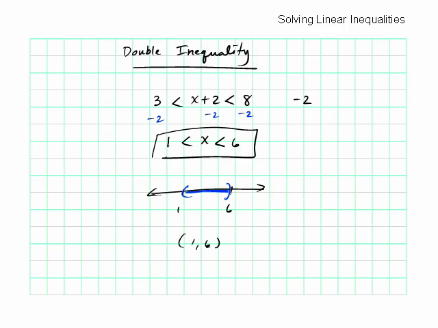Negative 2 less than or equal to negative 3k minus 1 less than or equal to 5. All right. First thing I'm going to do is add 1 to all three parts, which gives me negative 1 less than or equal to negative 3k less than or equal to 6.